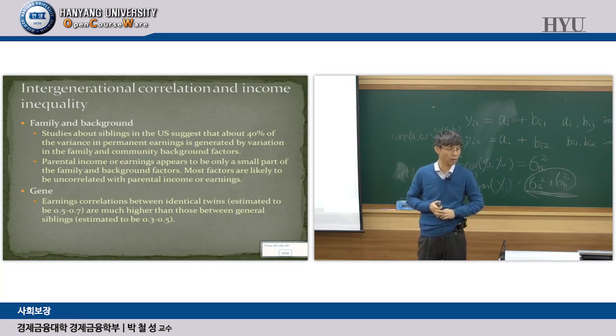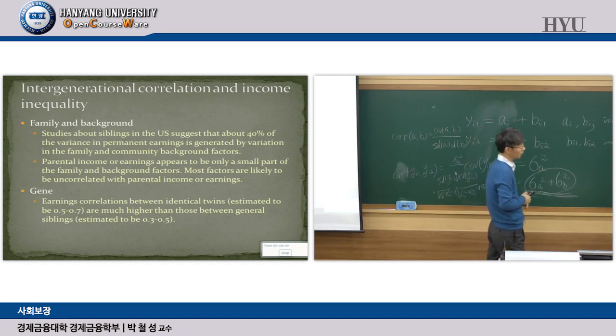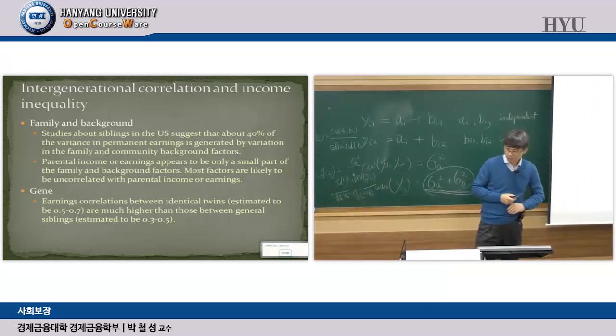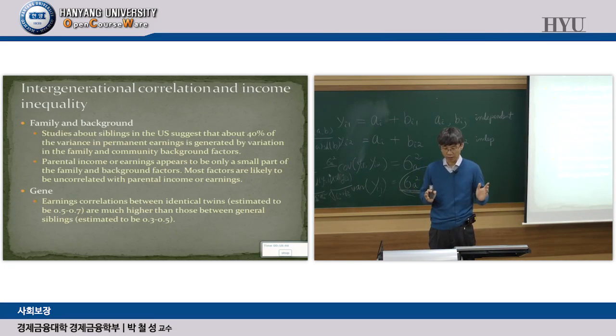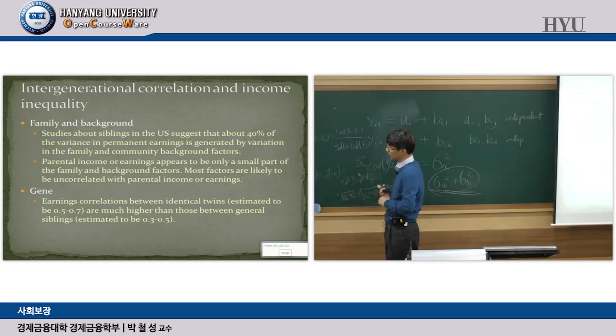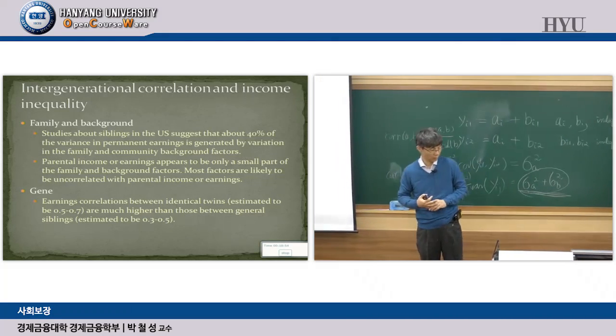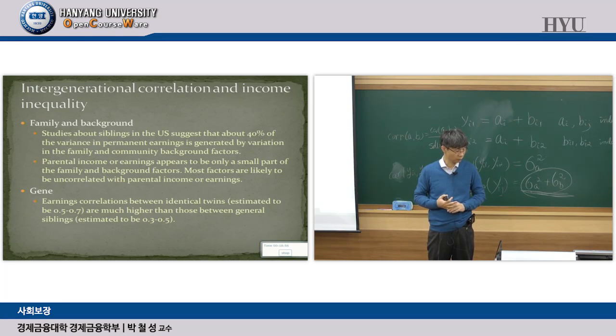Also, we talked about intergenerational mobility. Intergenerational mobility is quite important, and it is determined by many factors: family background, genes, income, and other things. We still have lots of things to learn, and it seems like Korea's intergenerational mobility is going down also.